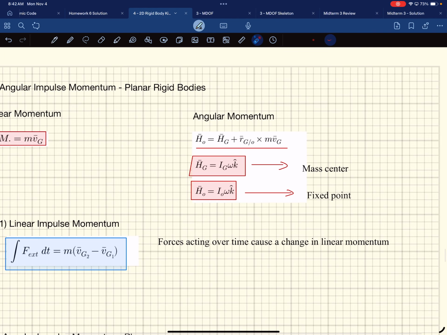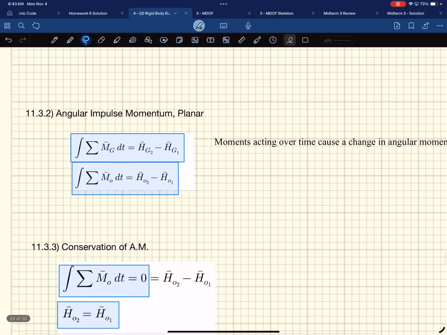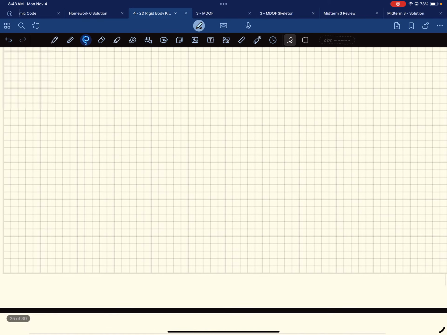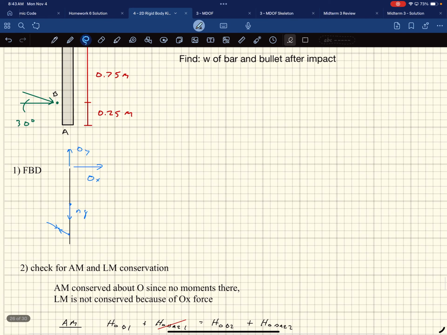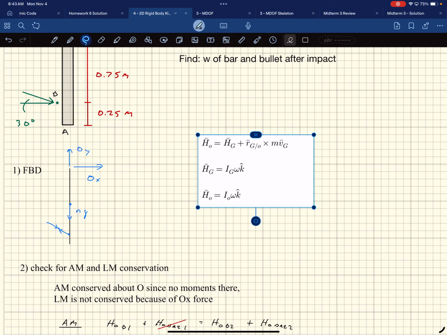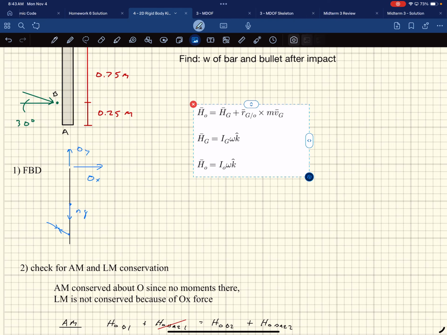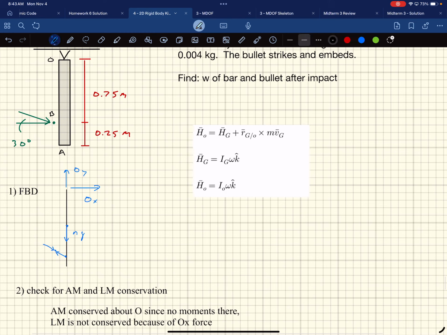For the particle, it has no angular momentum about its own mass center, so I would be 0 for that.